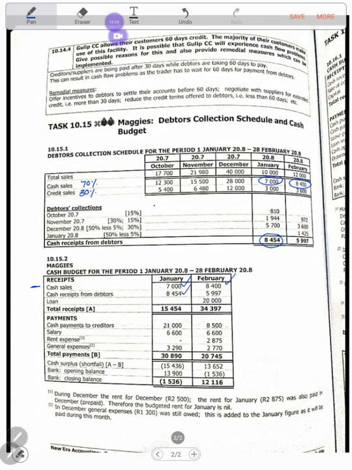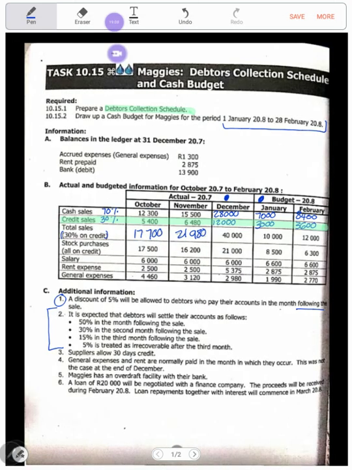How much will I be receiving from my debtors in February? 5,997 and I place it in the February column. Now let's go and have a look at the additional information. They are saying I'm looking for all the receipts, all the incomes. There are no incomes in this information B, so I'm moving on to C.